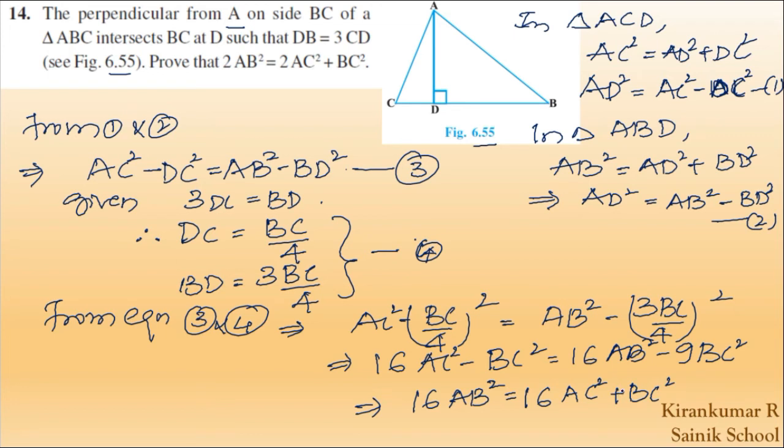It becomes plus 8 times of BC square. You can take 8 common here, or you can divide throughout by 8. We'll be getting 2 times of AB square equal to 2 times of AC square plus BC square. Hence we have proved it.